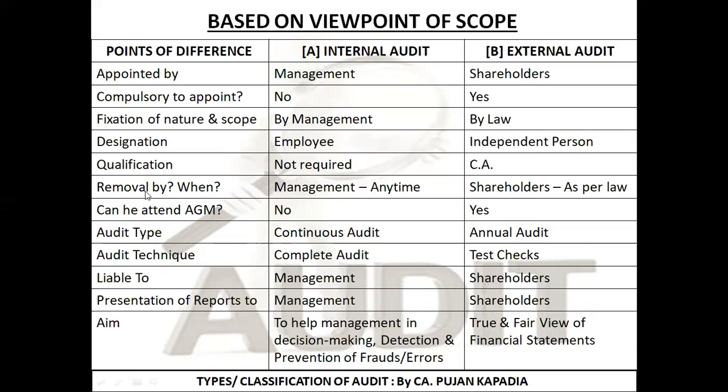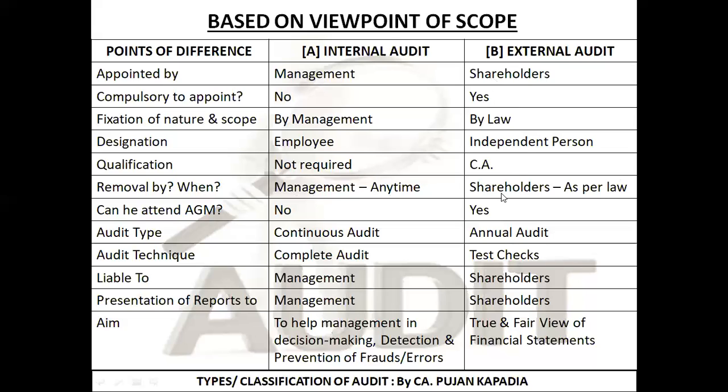Next is removal, by when. That is, who can remove such auditor and when they can do that. In case of internal audit, since appointment was done by the management, they can be removed by the management. When? Anytime. For example, if I feel that I no longer need them, I can easily remove the internal auditor. But in case of external auditor, appointment was by the shareholders. So who can remove that?